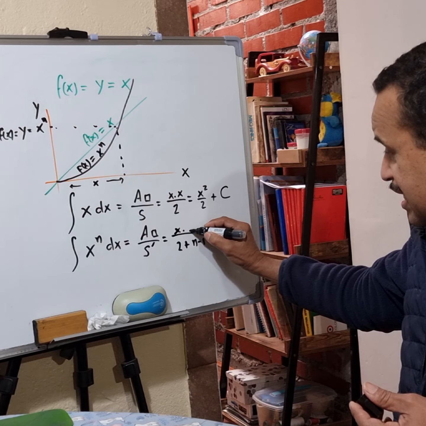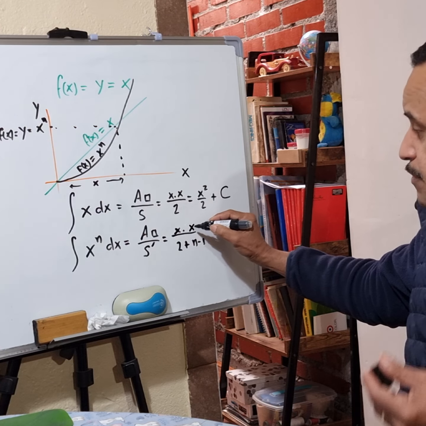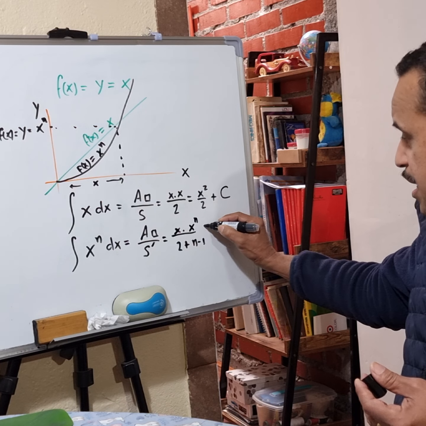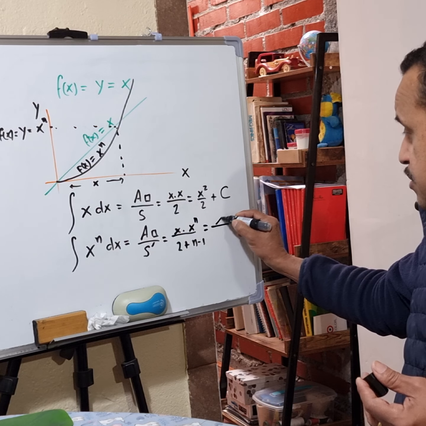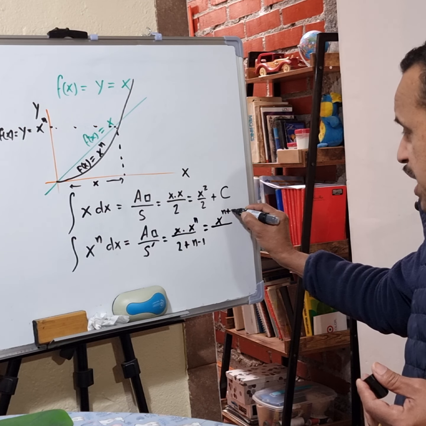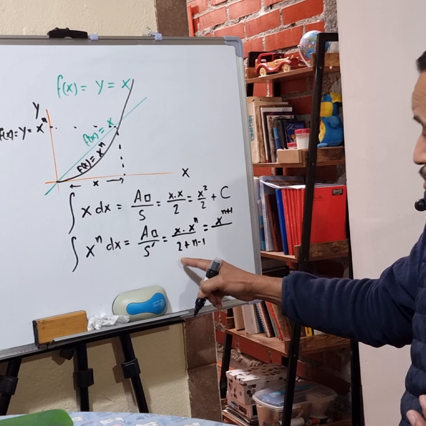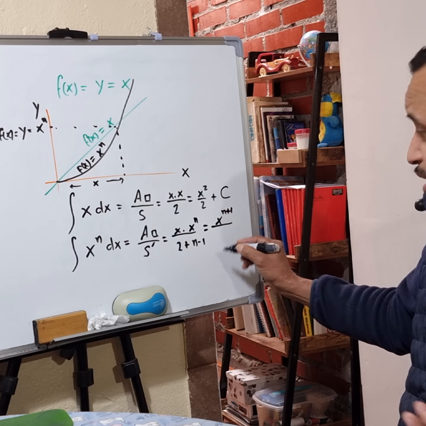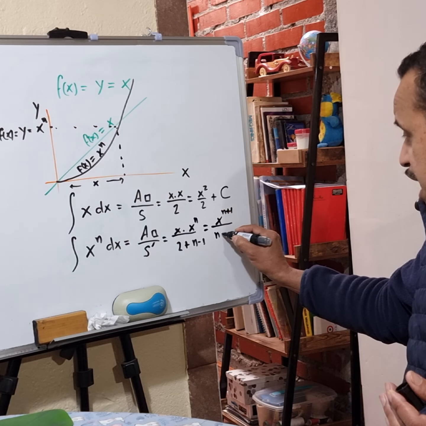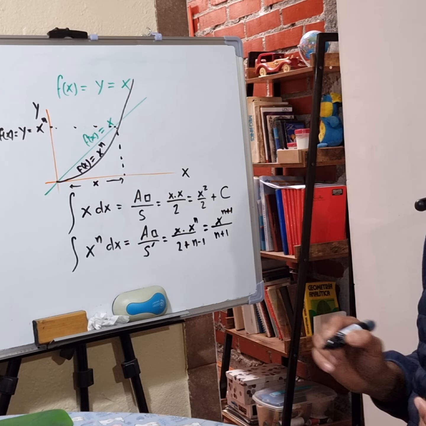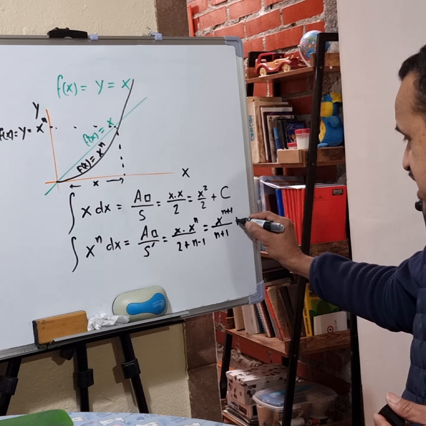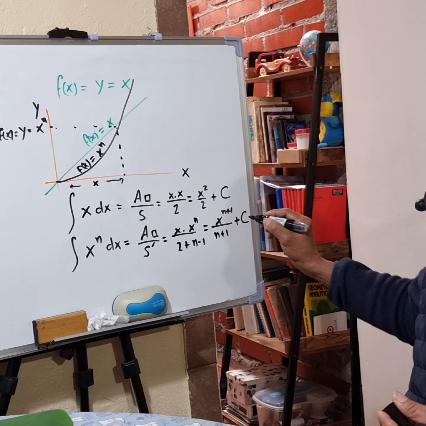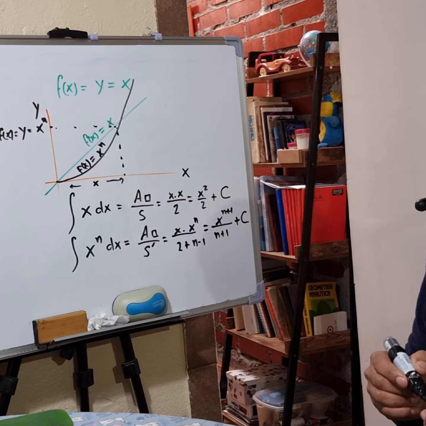And we have s times s to the m, which results in s to the m plus 1, divided by 2 plus m minus 1, which is m plus 1 in the denominator, plus some constant of integration.